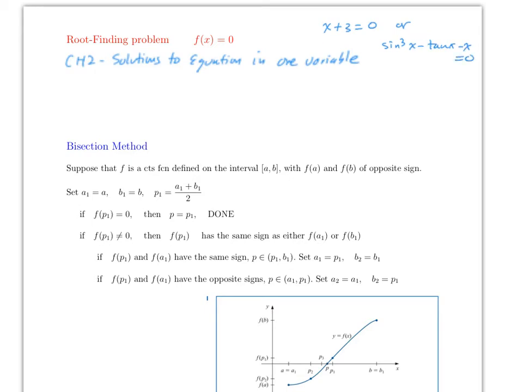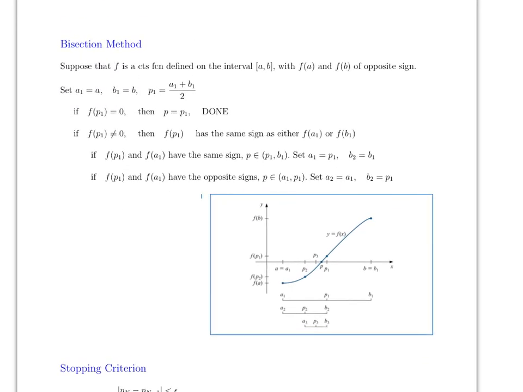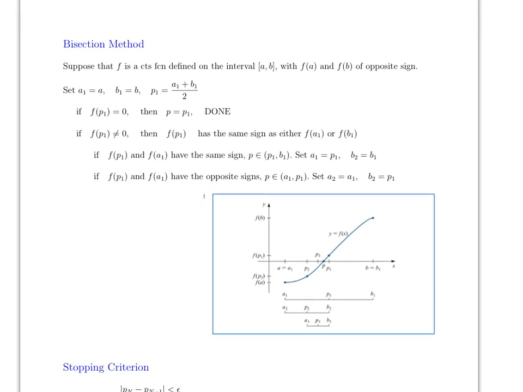There are like 4 or 5 different methods we're going to look into in chapter 2. The first one is called the bisection method, which is the most basic one. And bi, remember, means 2. So the idea of the bisection method is very simple. And this is what you're going to do.